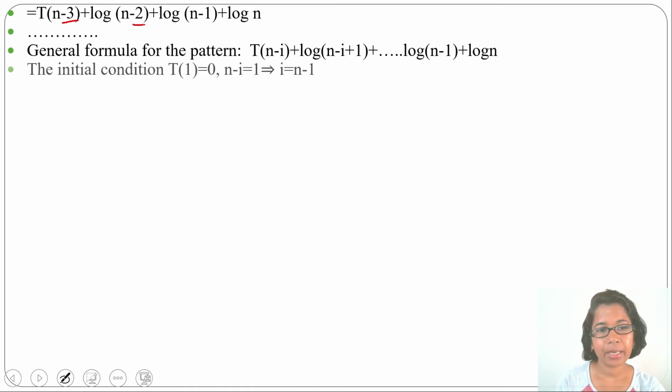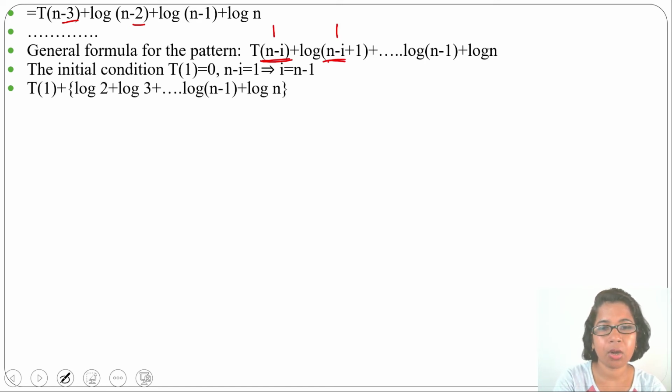Now n-i equals 1. We just compare with the initial condition. The i value is n-1. Now just substitute here, n-i will be 1. So it will be T(1) plus log 2 plus log 3 up to log n.